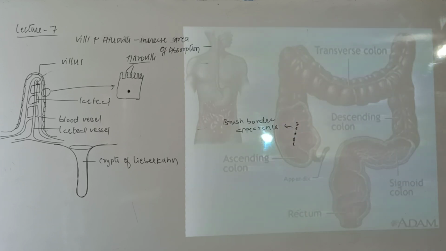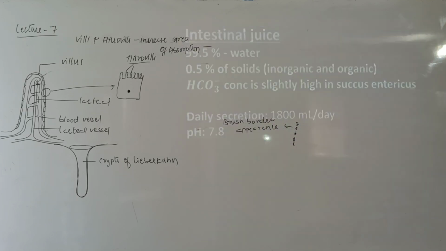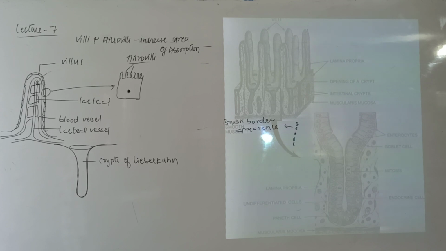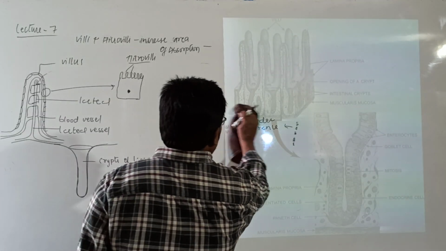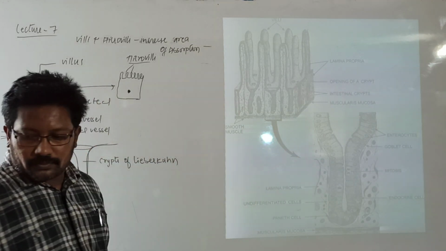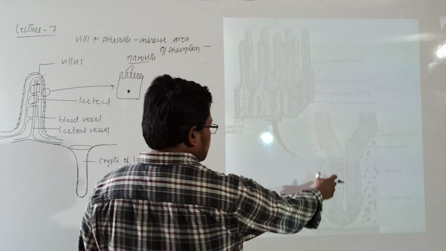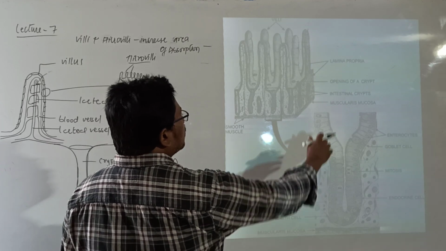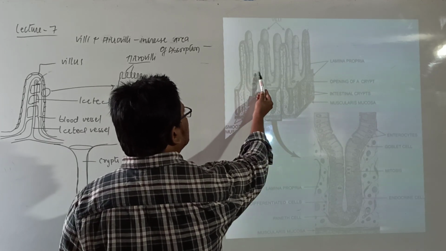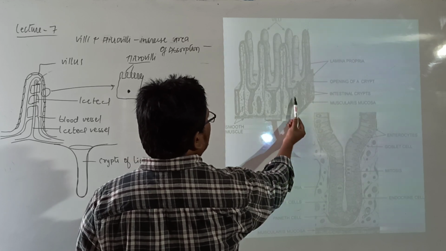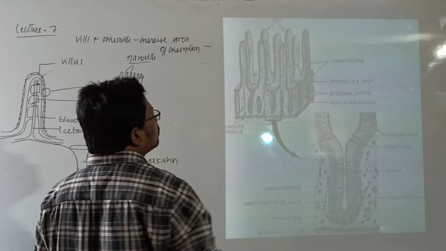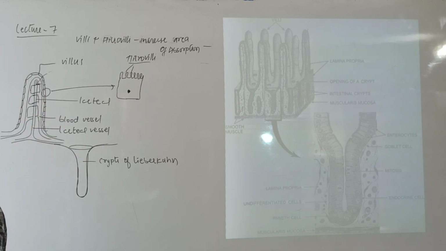So that's about the digestion of fats. In this diagram I can show you the villi, and between them you find the crypts. That's why we also call them intestinal crypts.